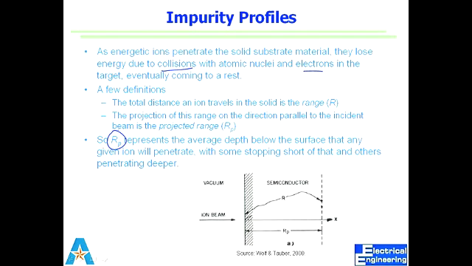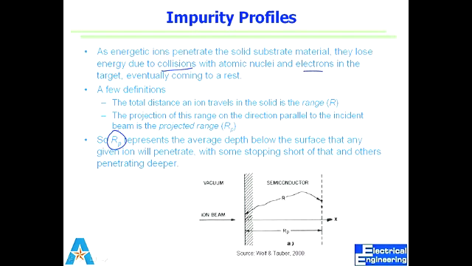In statistics, all these numbers mean specific things. Range is specific, mean is specific, median means something. But generally, we take the average and then we are concerned about standard deviation. In this case, for each ion traveling a certain distance, maybe ending up here or here, we define something called straggle: how far they fall away from this mean.